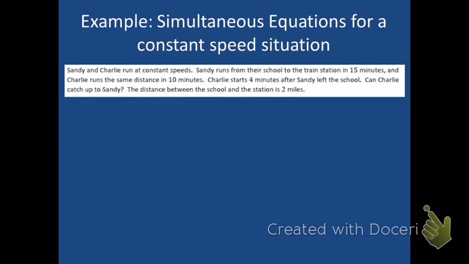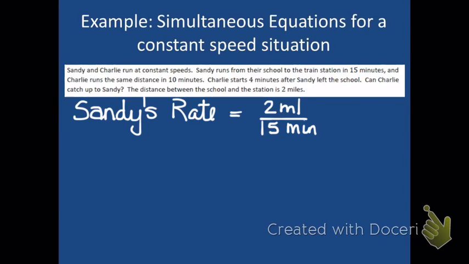All right, so let's start making sense of this problem. Let's write down our rates. Sandy's rate is 2 miles in 15 minutes, and another way to think of that is 2/15 of a mile per minute.